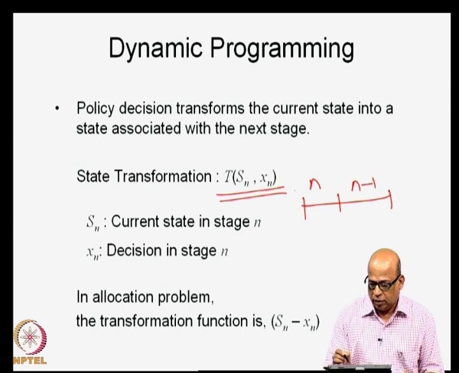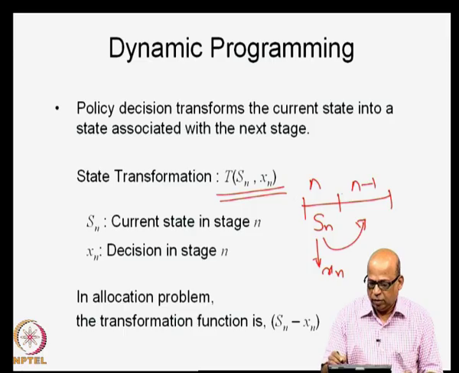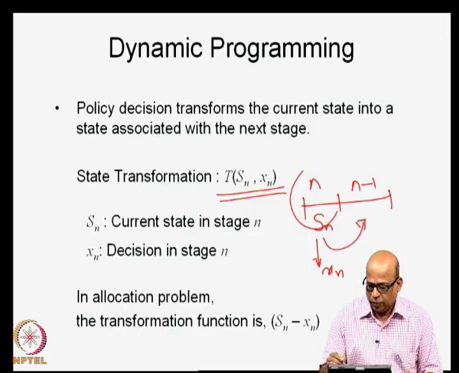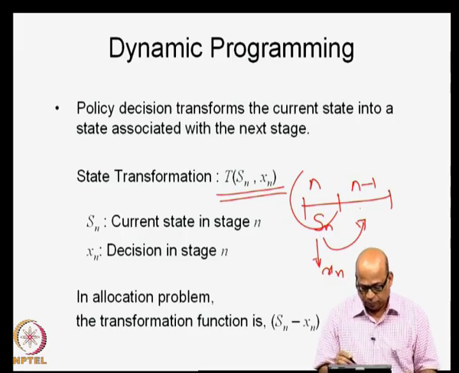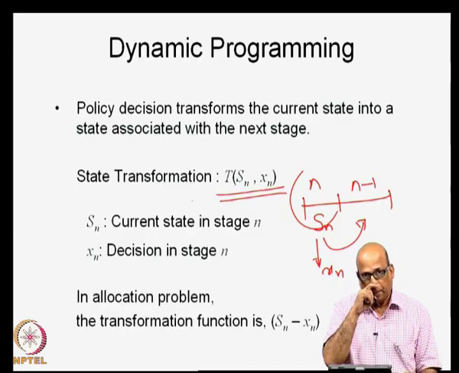Starting with a particular state Sn, we must be able to get the state Sn minus 1 for a decision that you take in this particular stage. This is stage n and you are making a decision xn, because of which the state gets transformed to Sn minus 1. This is called a state transformation.